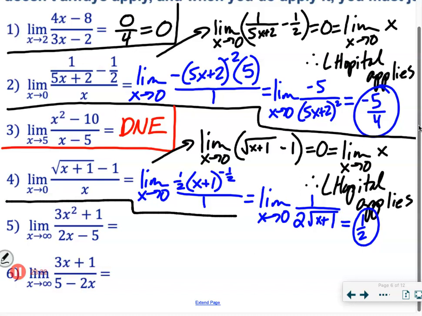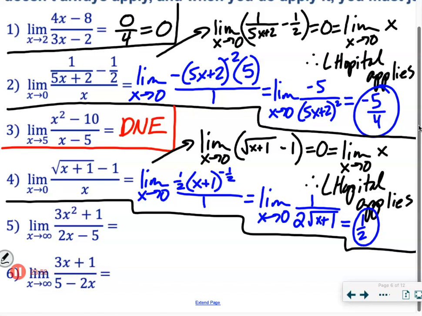For those of you who just came in, I'm going to recap again. L'Hopital's rule is a rule that helps us find limits. So we're back to limit world. And what it says is, if you plug in your number and get 0 over 0, or infinity over infinity, you can take the derivative of the top and the derivative of the bottom and have an equivalent limit.